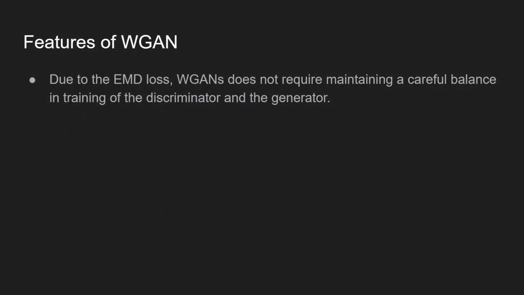Now there are some other features of WGAN as well. One of them is that WGAN does not require maintaining a careful balance in training of discriminator and generator. In standard GAN we have to make sure that our generator and discriminator are being trained equally, but this is not the case here, and in fact we want our discriminator to be a bit better than our generator, which helps us train the generator easily.